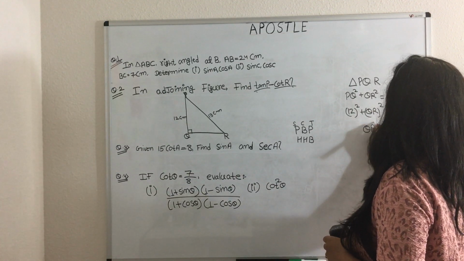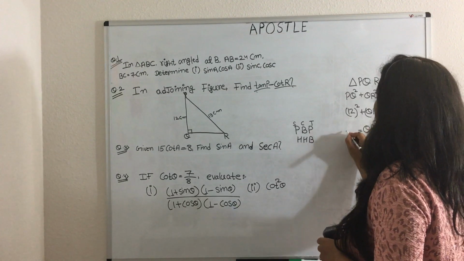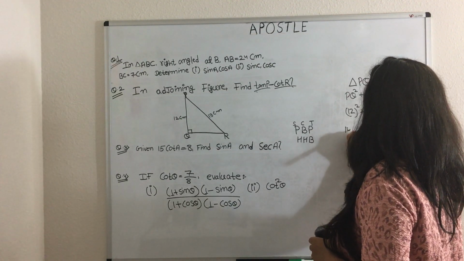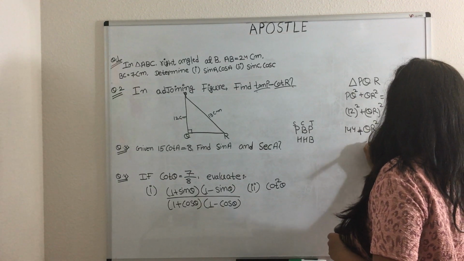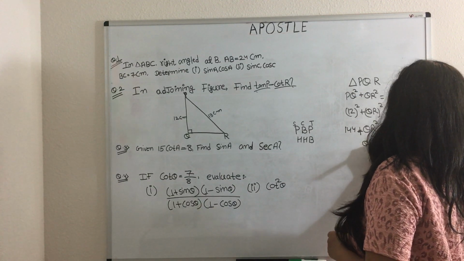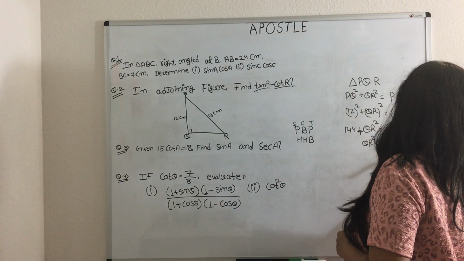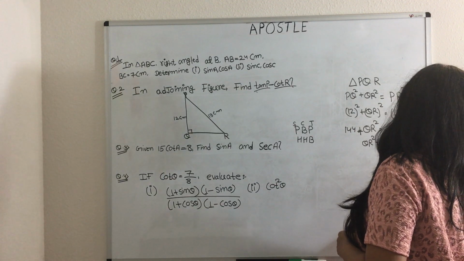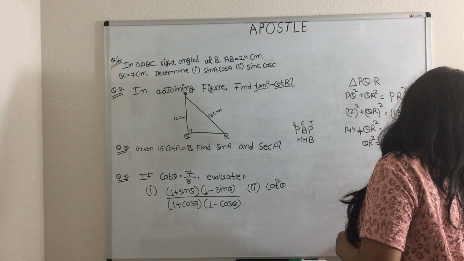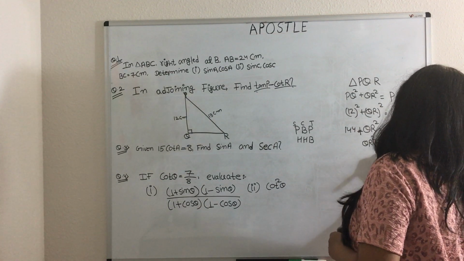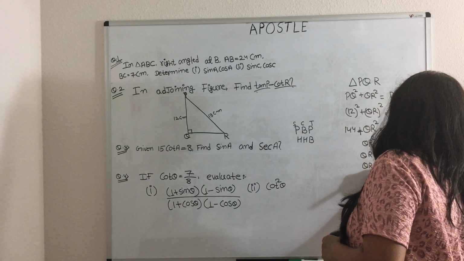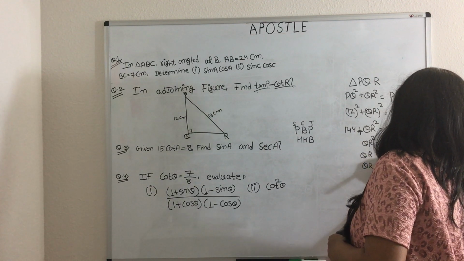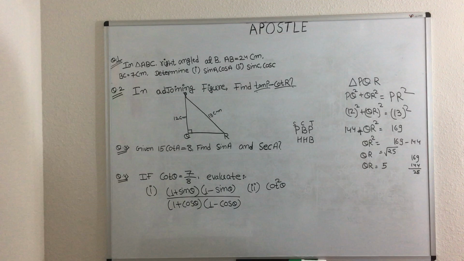Now 12 square is 144 and 13 square is 169. QR square is 169 minus 144, which is 25. So QR we get as 5. Clear? We get QR as 5.